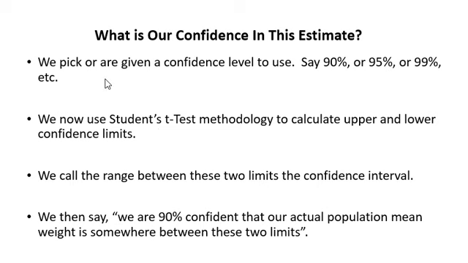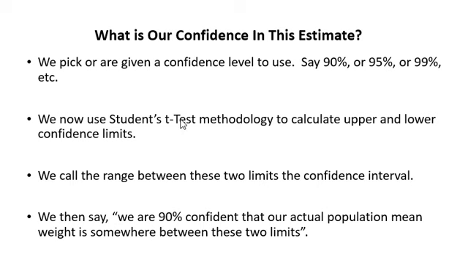We are given a confidence level, say 90%, 95%, or 99%. We can pick one of them, use a Student's t table, and calculate the upper and lower confidence limits. The range between these two limits is the confidence interval.